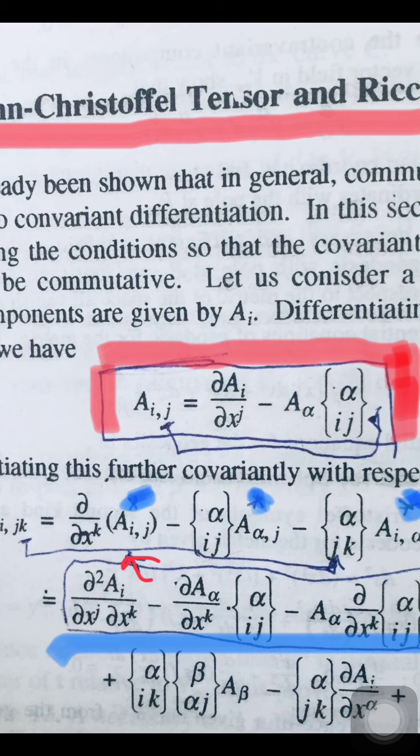So this is the definition of the covariant differentiation of a vector. Okay, how do we define it? You are seeing here in the red line, Ai comma j is equal to the partial derivative of Ai with respect to xj.